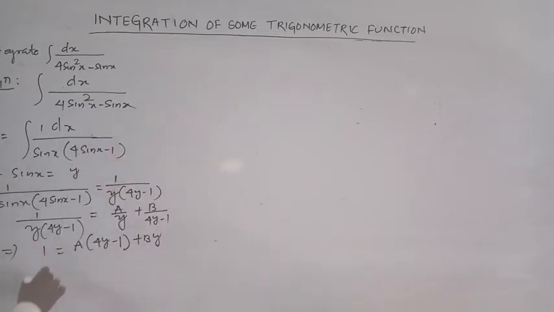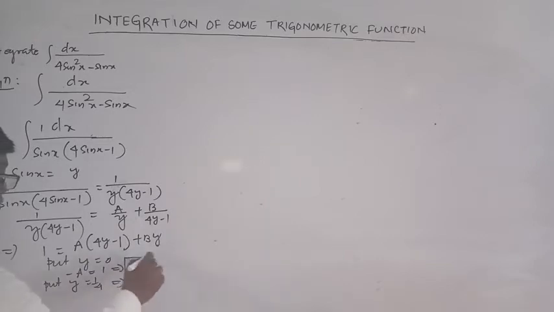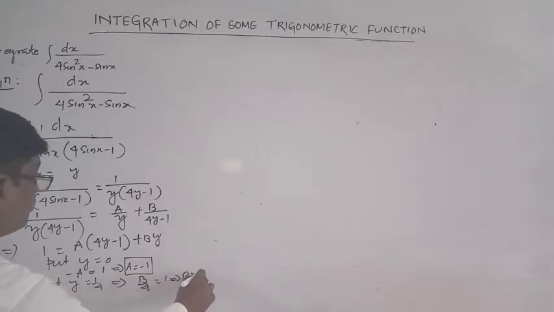So put y is equal to 0, so this term becomes 0, that is minus a is equal to 1, that implies a is equal to minus 1. Now put y is equal to 1 by 4, that implies this term is 0, that is b by 4 is equal to 1, that implies b is equal to 4.